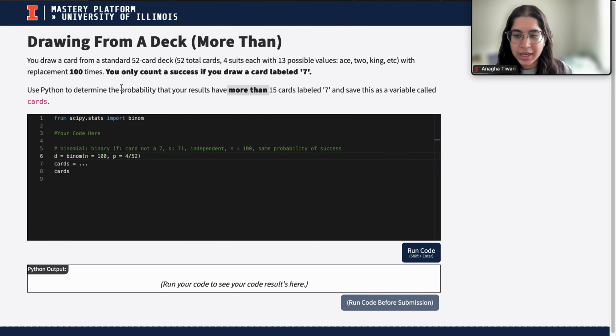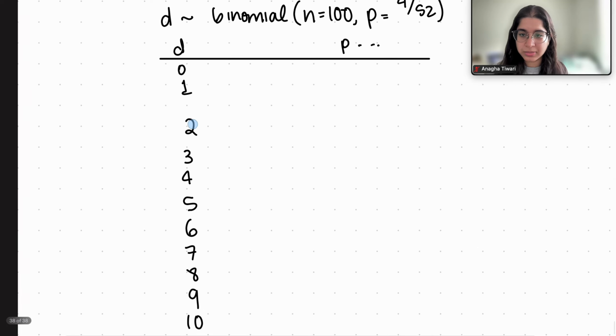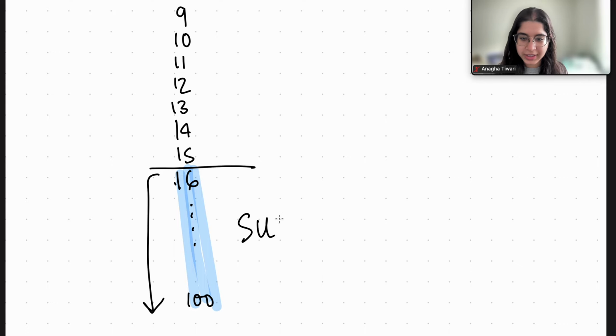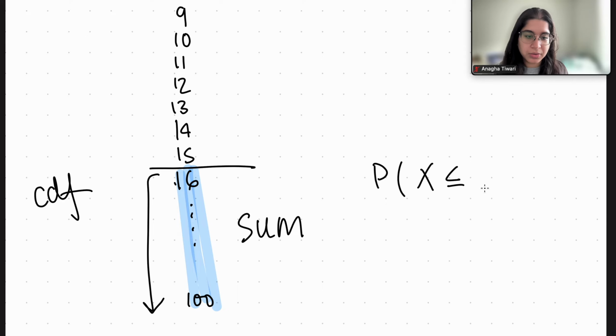So it's asking for the probability that your results have more than 15 cards labeled 7. Going back to the possible values my random variable can take on, more than 15 cards means I want the sum of the probabilities of all these outcomes from 16 all the way to 100. I know I'll use the CDF function, but the CDF only finds the probability that X is less than or equal to something.